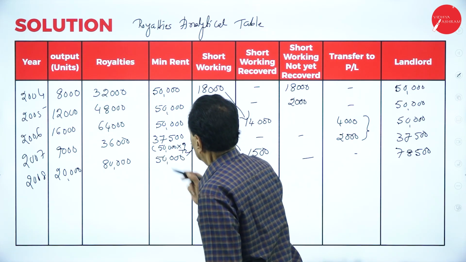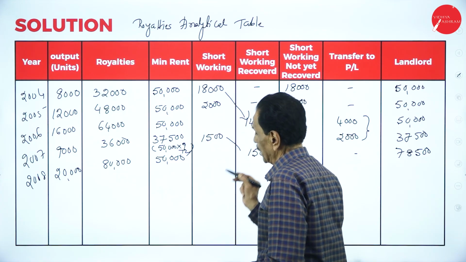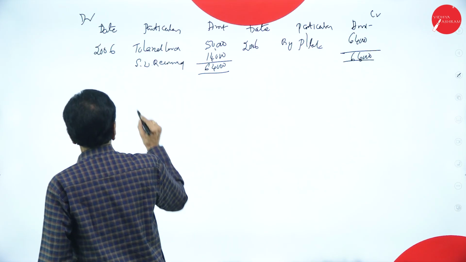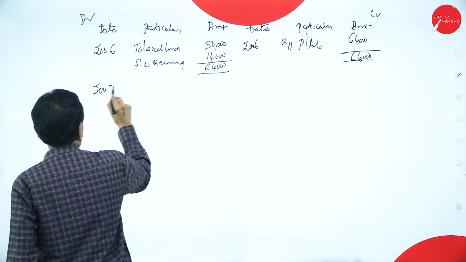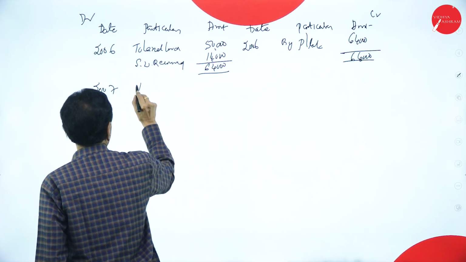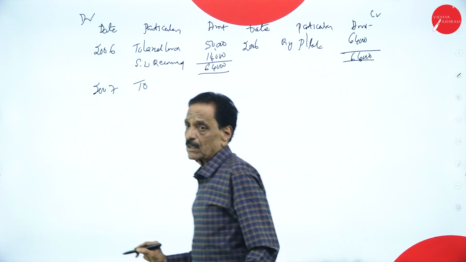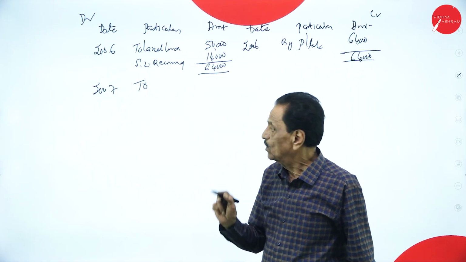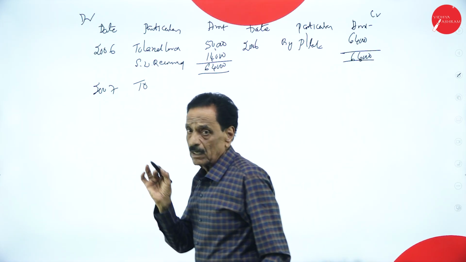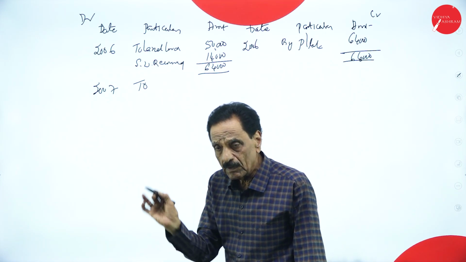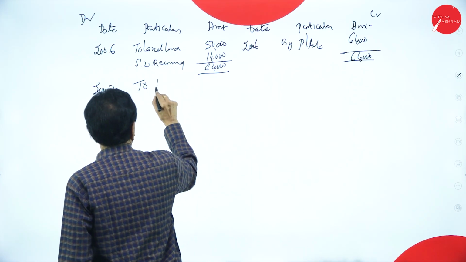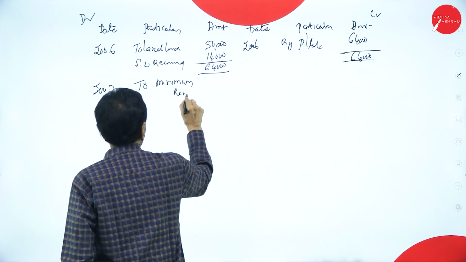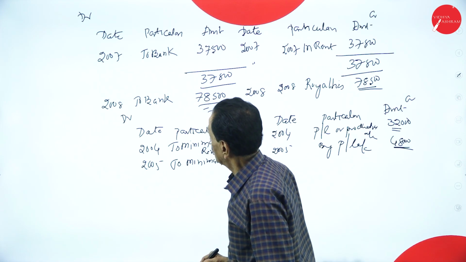How much royalty is transferred? Royalties account debit, short working account debit to minimum rent, 2007.